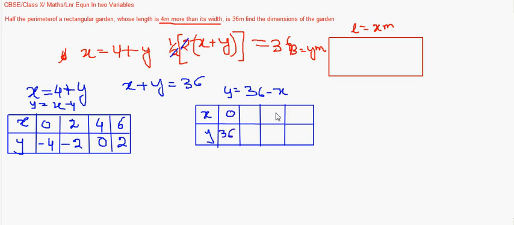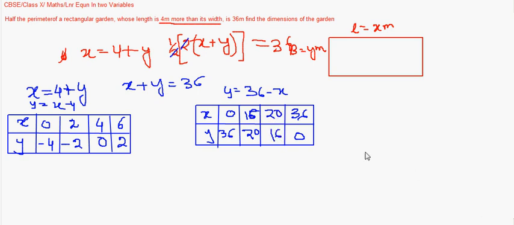If you take x as 36, y will be 0. In between, if you take x as 16, that makes y 20. Similarly, if you take x as 20, that gives you 16.